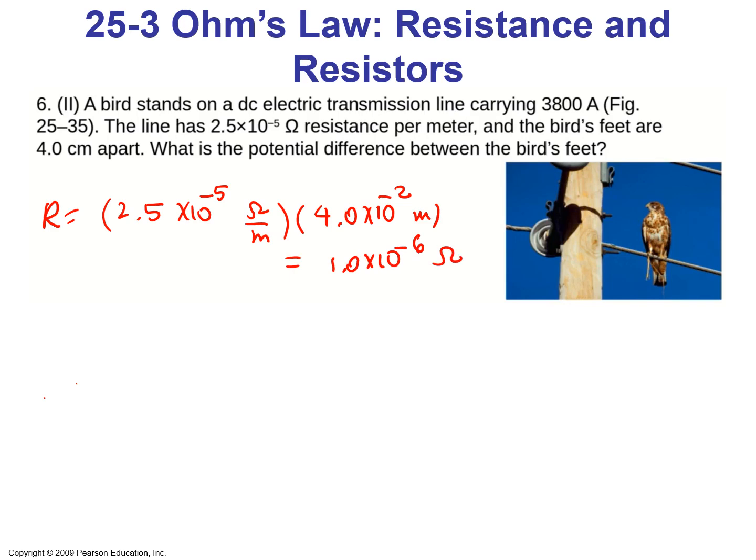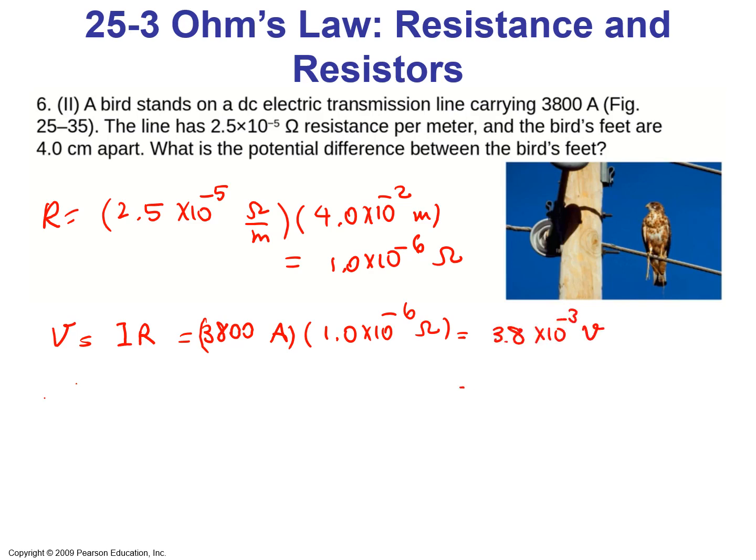And from Ohm's law, V is equal to current I multiplied by R. So we have 3800 amperes multiplied by 1 times 10 to the power minus 6 ohms. We have 3.8 times 10 to the power minus 3 volt, or 3.8 millivolts.